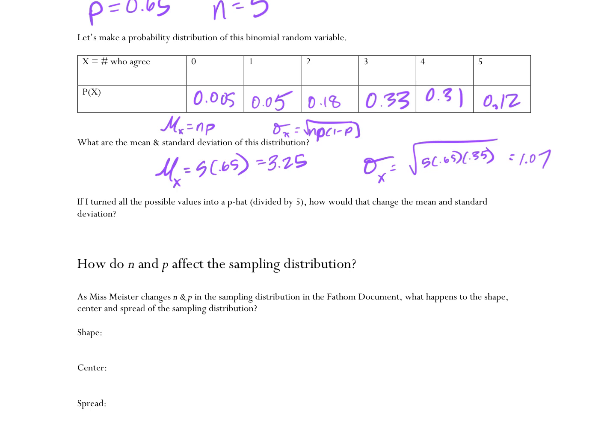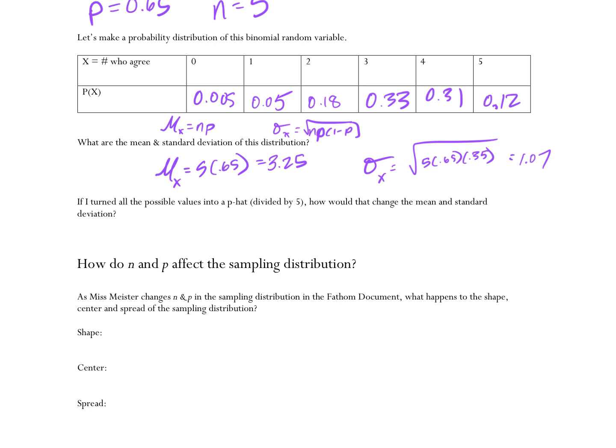Everybody good? Now, couldn't we turn those into percents? I have the sample of 5 people. If one person agrees with the statement, could I turn that one person into a percent of the sample?